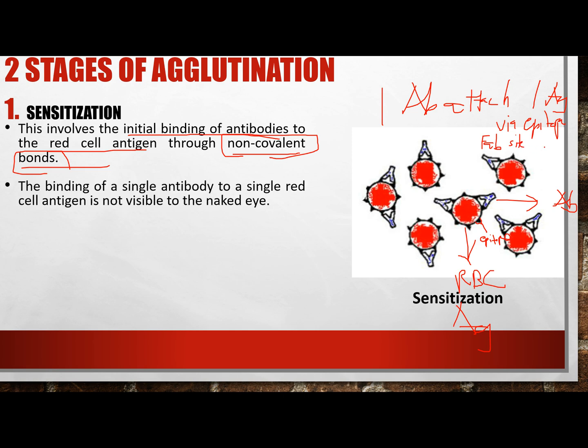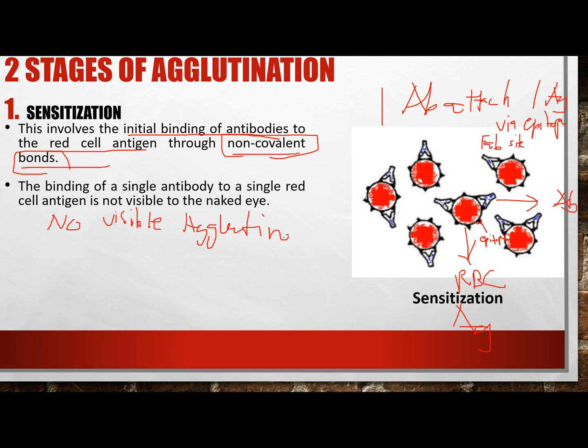Do remember that. Now, the binding of a single antibody to a single red cell antigen is not visible to the naked eye. So during this initial stage, there is no visible agglutination. Let me repeat. In sensitization, there is no visible agglutination.